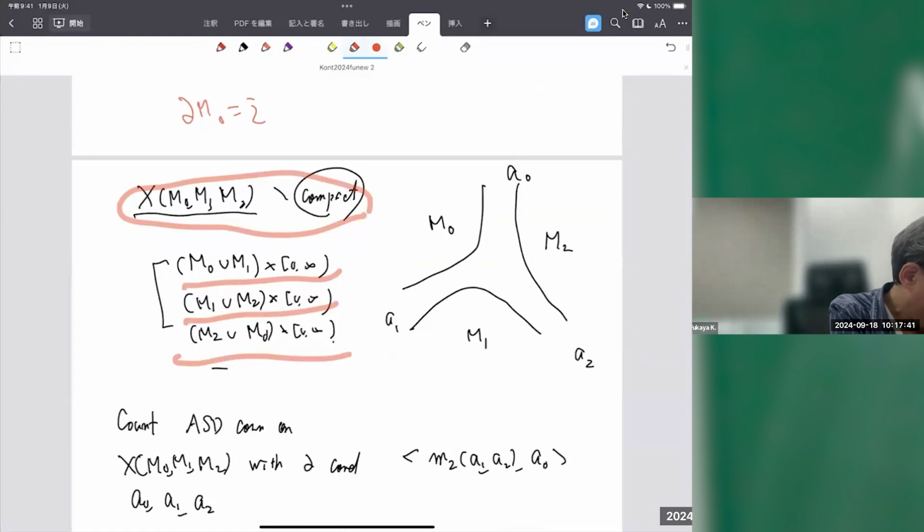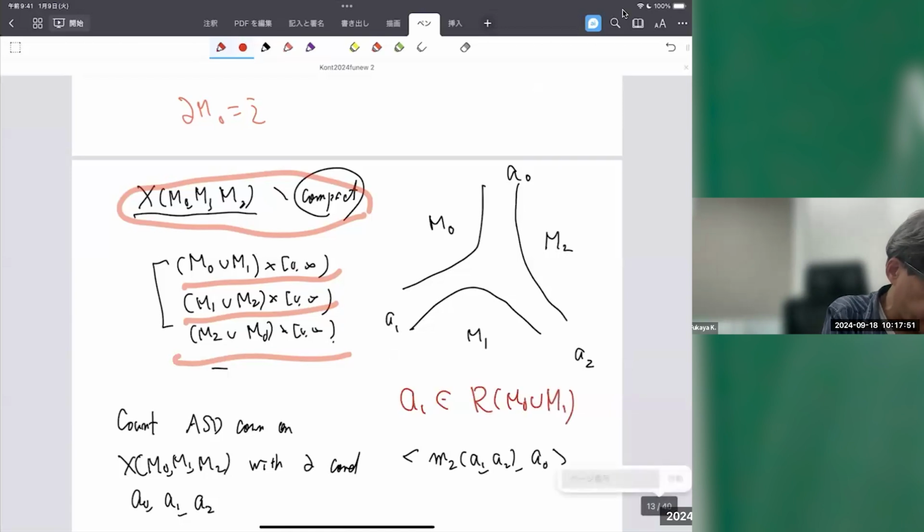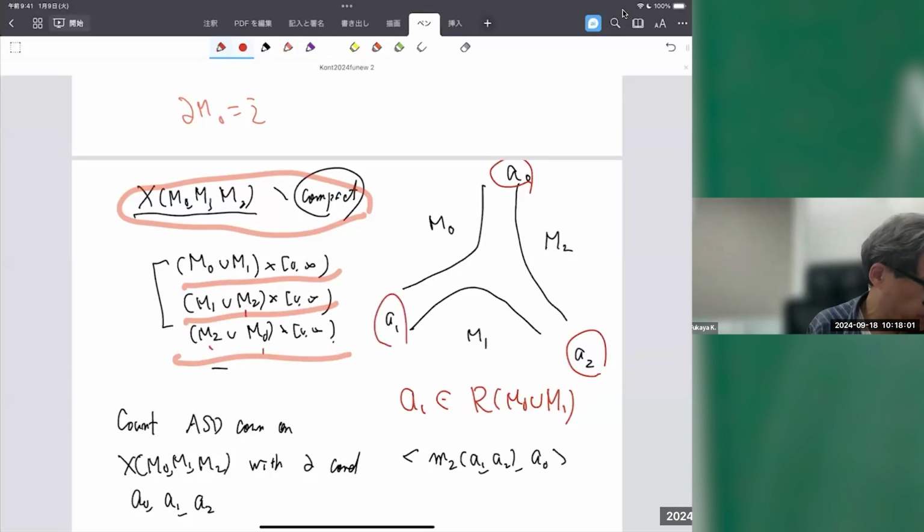So we consider A1. A1 is a flat connection on M0 glued with M1, A2 is a flat connection on M1 glued with M2, and A0 is a flat connection on M2 glued with M0. So you put these three flat connections at infinity.